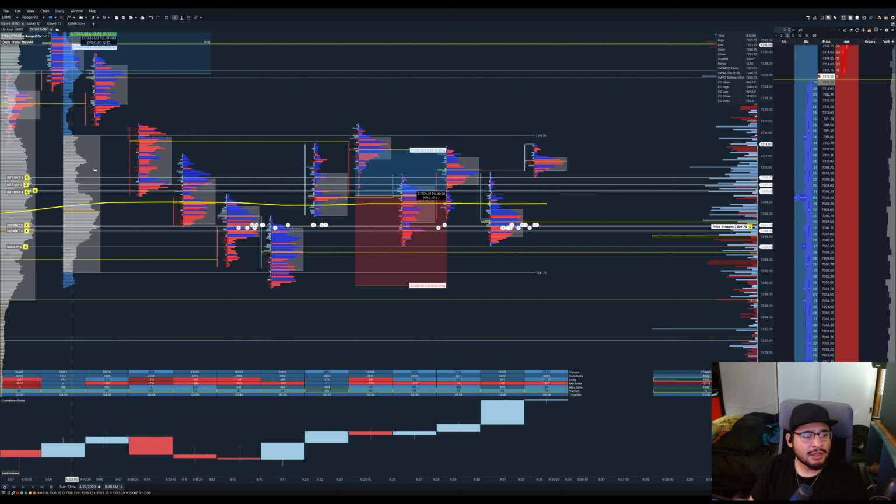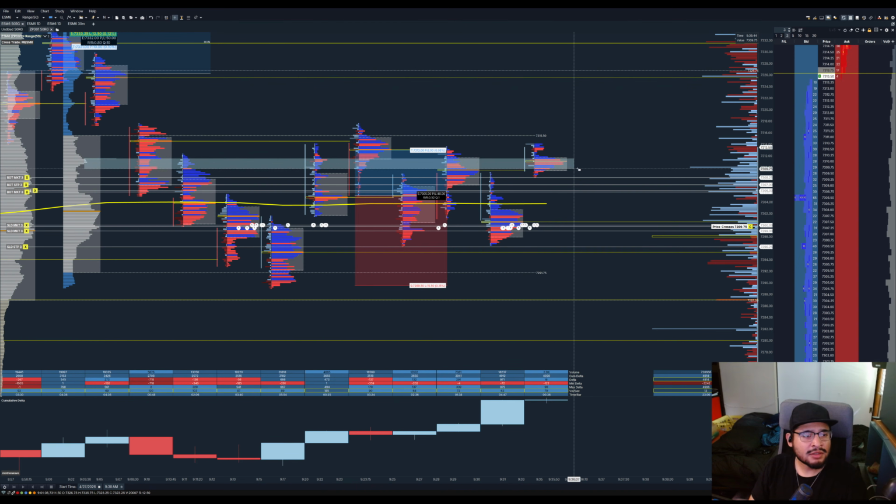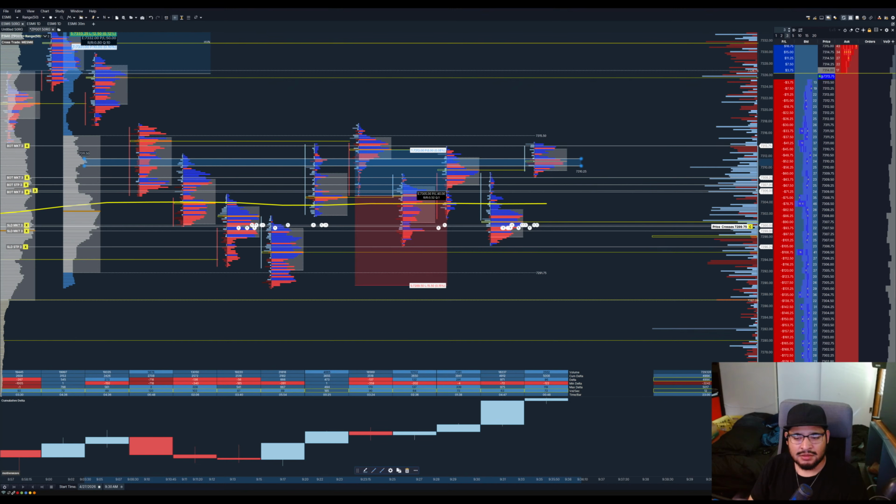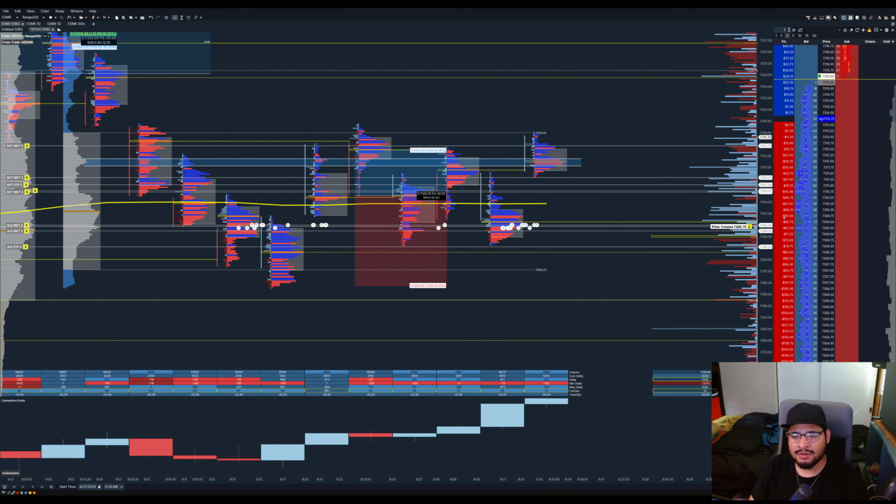If we can create a solid node above here, I'll shoot my shot for the last trade I have of the day.